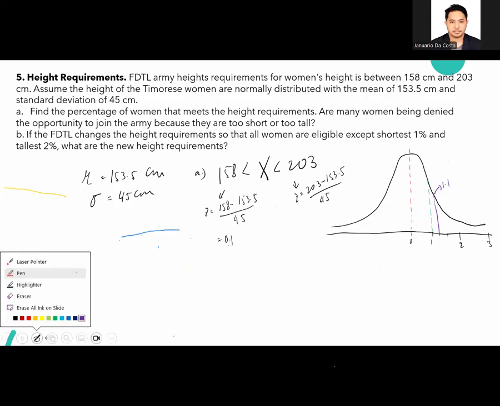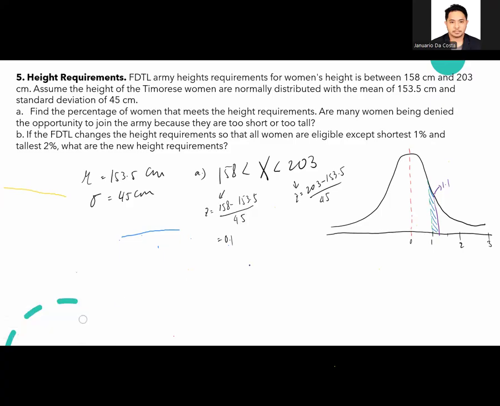Now we want the area between this area over here. How do you find that area again? From here to this magenta, that's the z-score. You can find that in a table corresponding to 1.1. This is the probability of z equals 1.1.